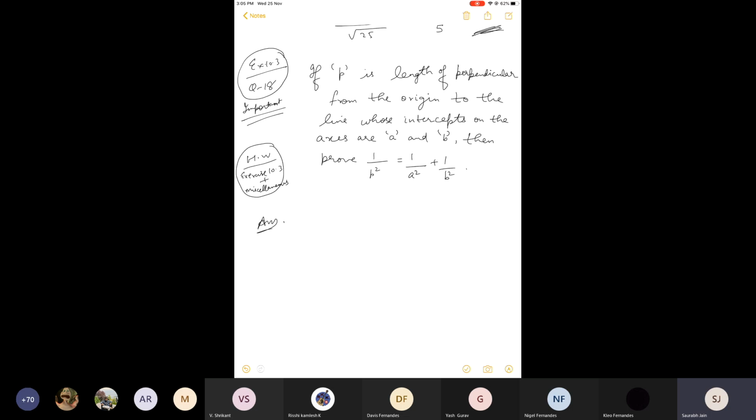Based on this language, can you tell me what is the equation of the line on which the perpendicular has been dropped from the origin? P is the length of perpendicular from origin to the line whose intercepts on the axes are A and B. Equation of line whose intercepts on the axes are A and B is given by, what is the equation?